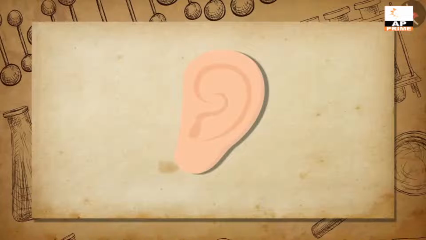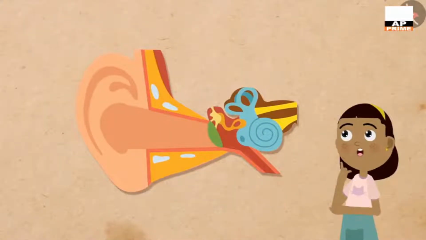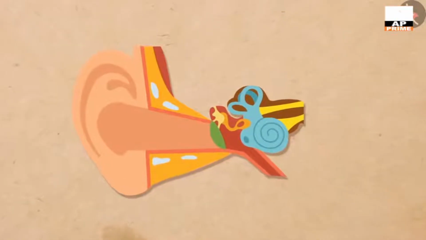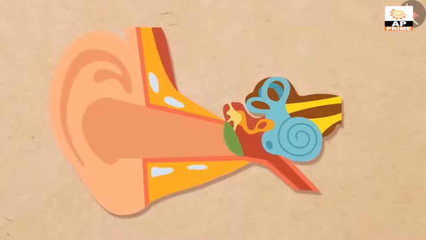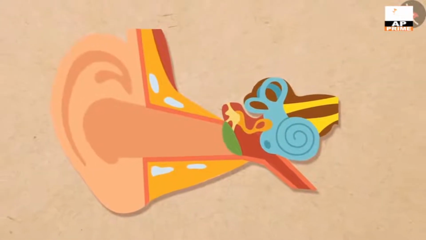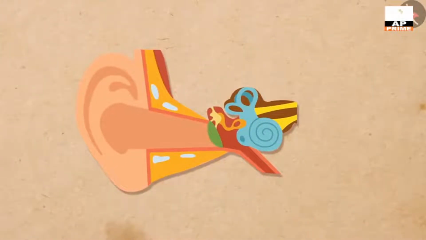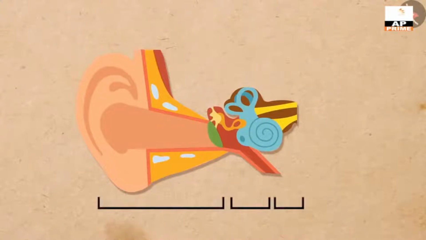Now, let us learn about the auditory parts of the human ear and understand how it functions. Look at this picture of the human ear. As you can see in this picture, the human ear is mainly divided into three parts: the outer ear, the middle ear, and the inner ear.